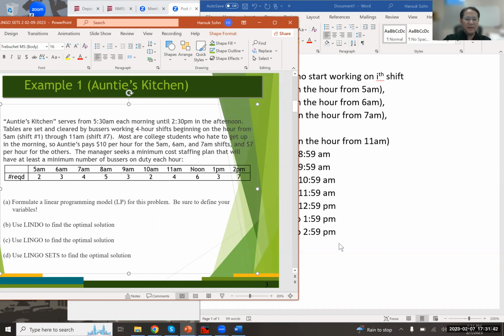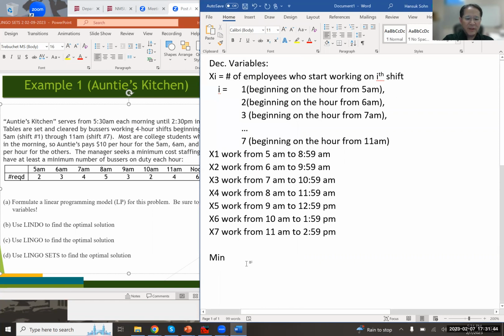Okay. So is that going to be $10 times the first 3 shifts, X1 plus X2 plus X3, plus $7 for the other shifts, so X4, X5, X6, X7. Is that correct?